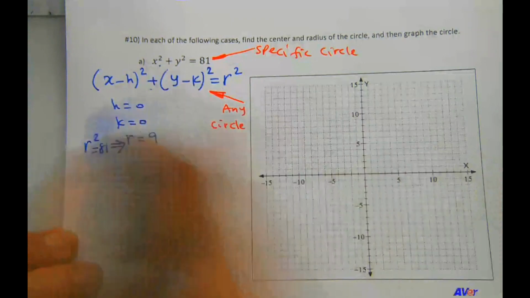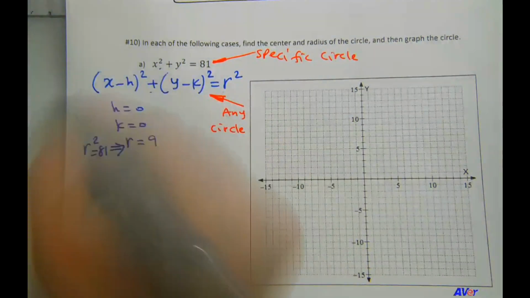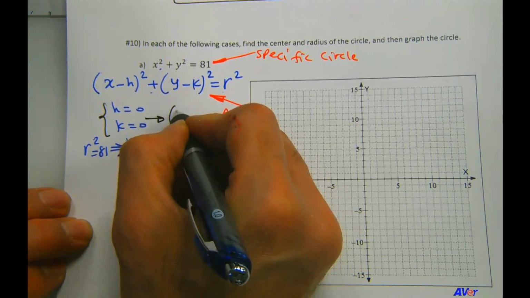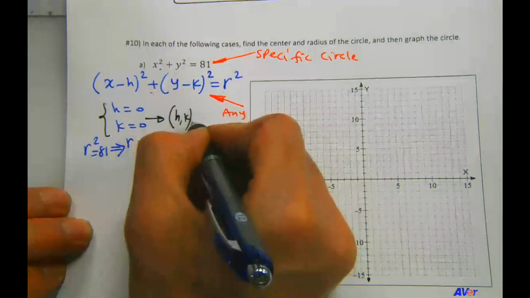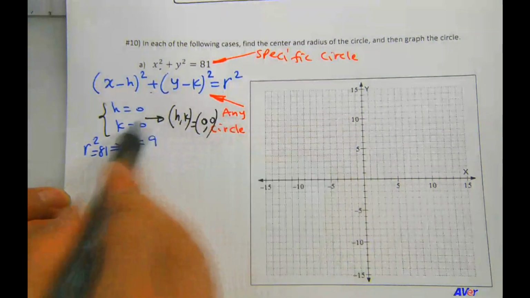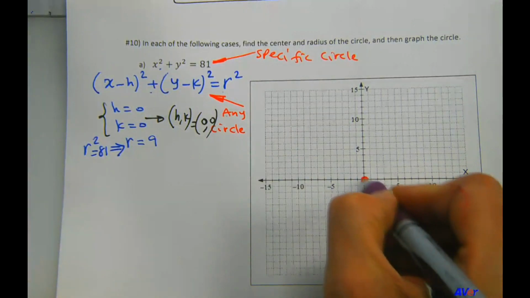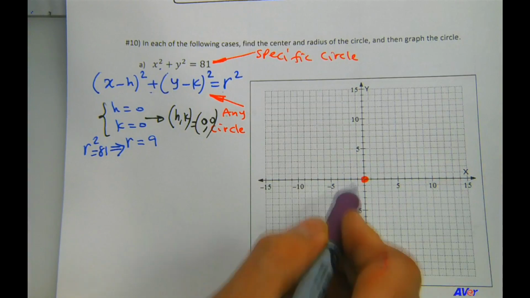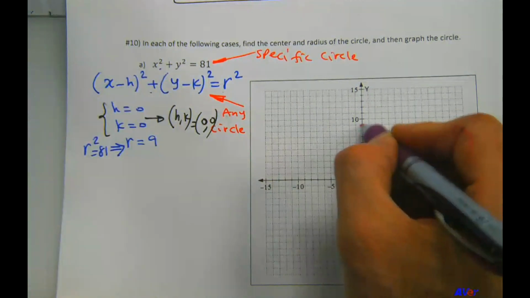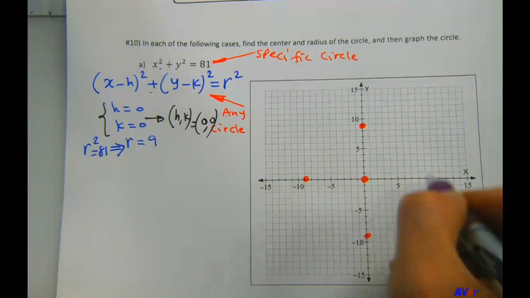So h comma k is equal to 0 comma 0. If the center of this circle is at the origin, then that's the origin right there. That's the center of this circle. And the radius is 9. And 9 is here, here, and here, and here.